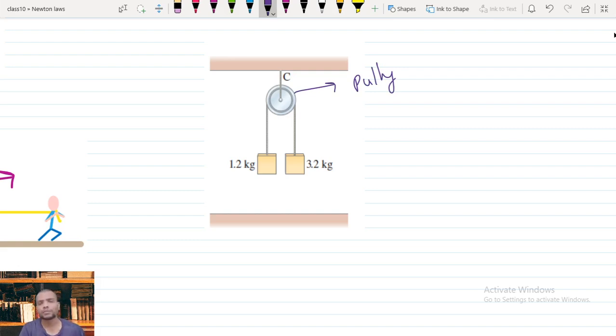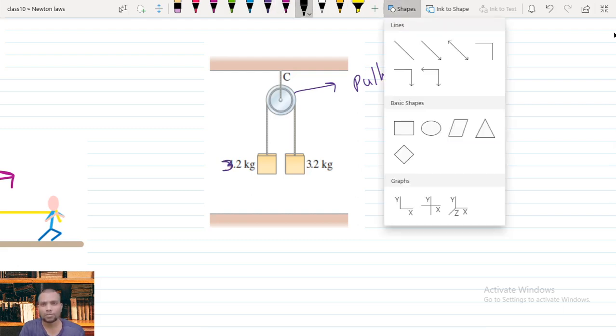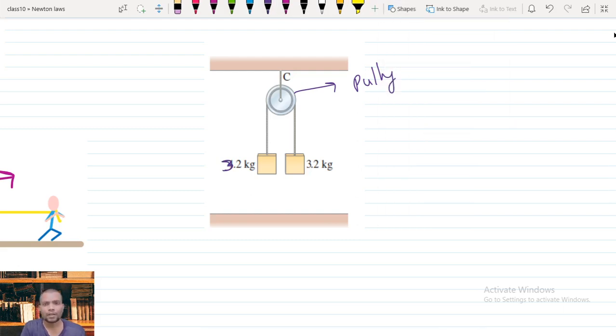They are not moving. And don't think about how it is 3.2, 1.2 for a moment. Let me take this as 3.2. Now I just want to draw the free body diagram. I know that weight is a force acting in the downward direction. So weight is mg on this block.